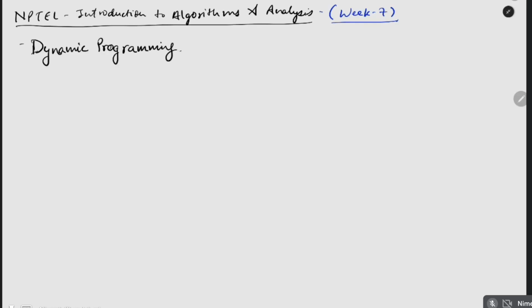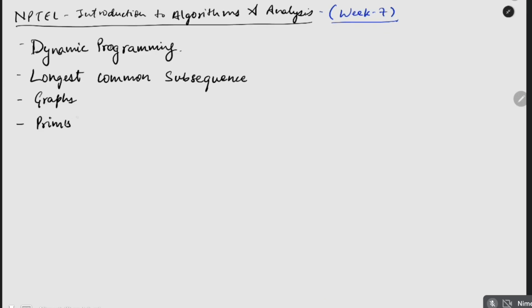There was a discussion on dynamic programming, on longest common subsequence, on graphs, their definitions, their types, and then Prim's algorithm, and graph search.